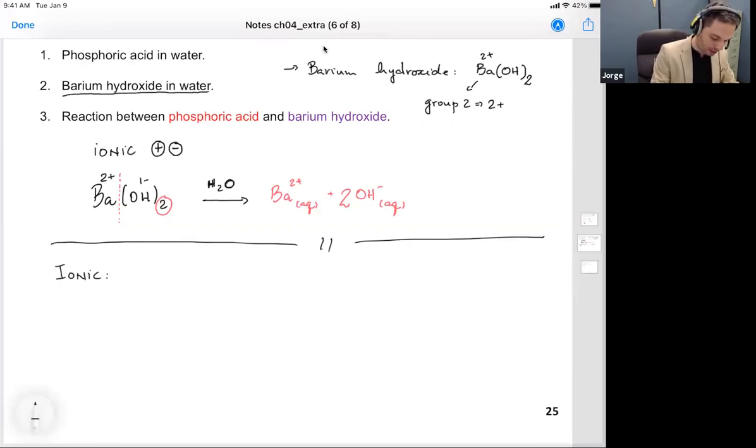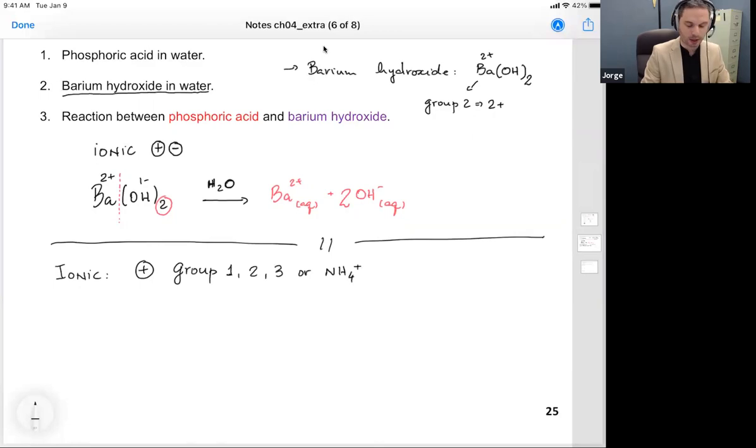So basically, the positive ions, or cations, will be anyone from group 1 of the periodic table, group 2, or group 3, or ammonium. Those are going to be your cations.